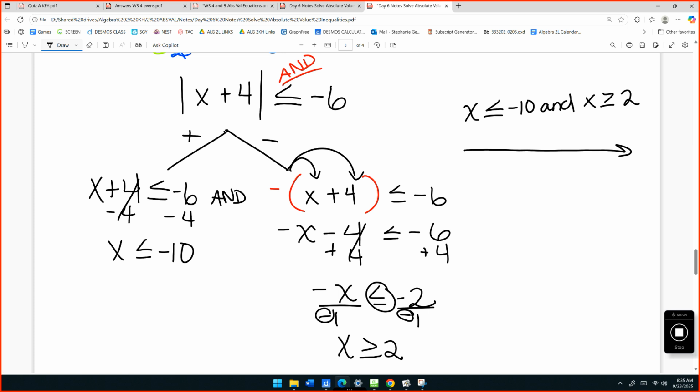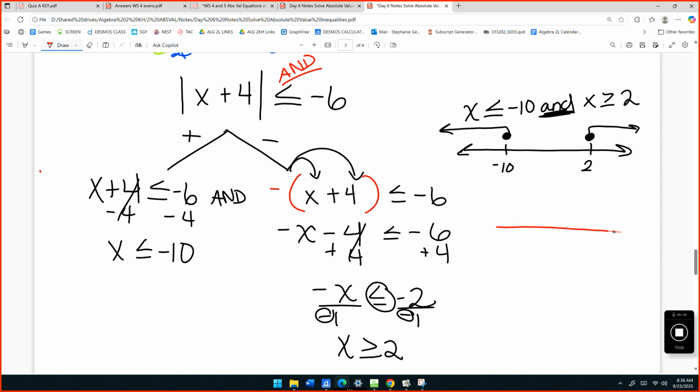If I make a little practice graph, -10, closed circle, going to the left, 2, closed circle, going to the right, and this is an and. So there's no overlap, right? There's no overlap. So then it's no solution.